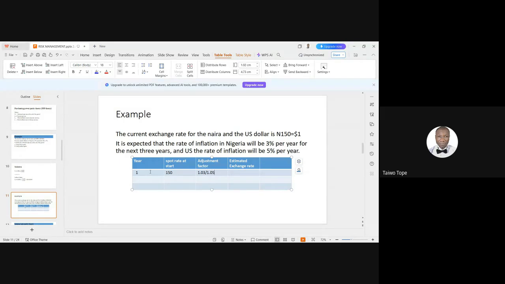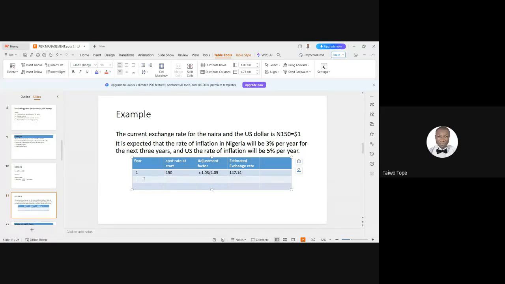Once you simplify this and multiply by the spot rate at start, you have 147.14.